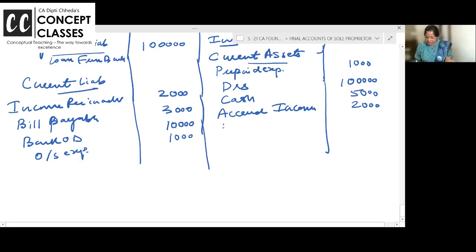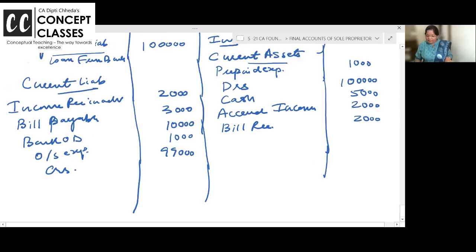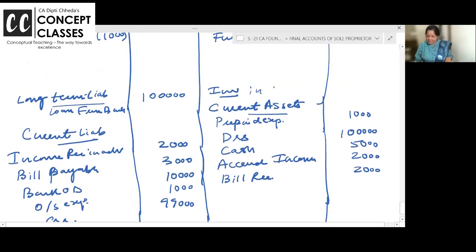Bills receivable, 2,000. Current assets, bills receivable, debtors. Creditors is a liability. They are also called as trade payables. Investment in shares, 10,000.